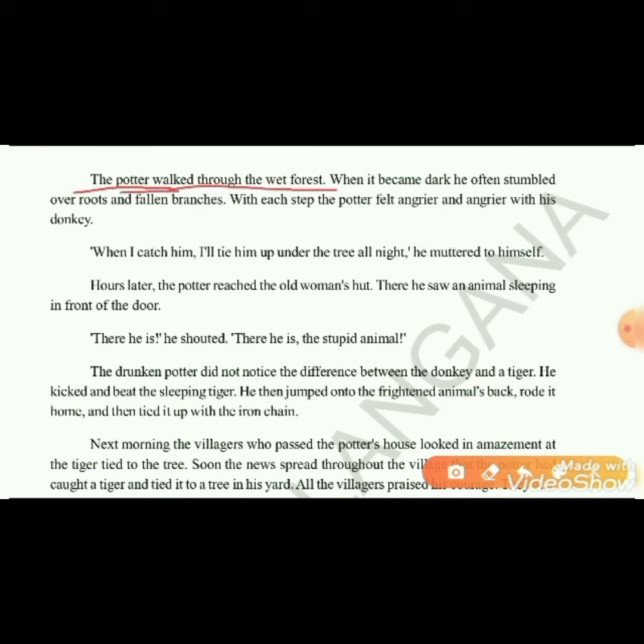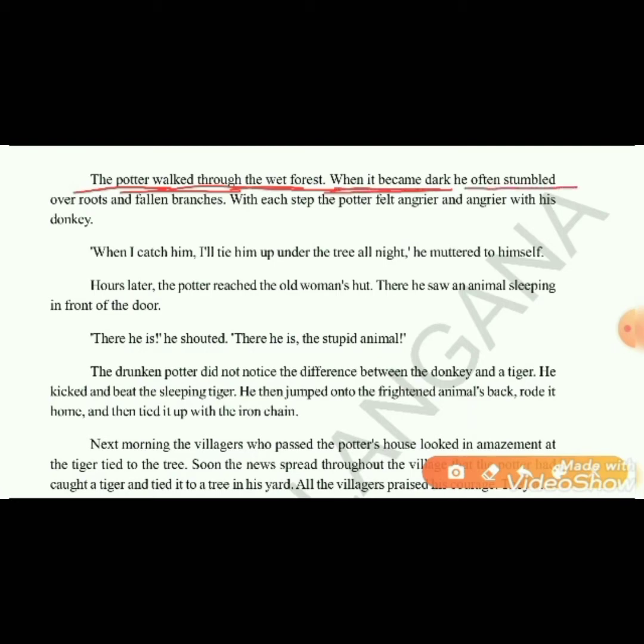So this is what happened before he caught the tiger the other night, before the rain started. He was fully drunk. The potter walked through the wet forest. So it was in the afternoon. After drinking fully, he went searching for the donkey to bring it to his house.